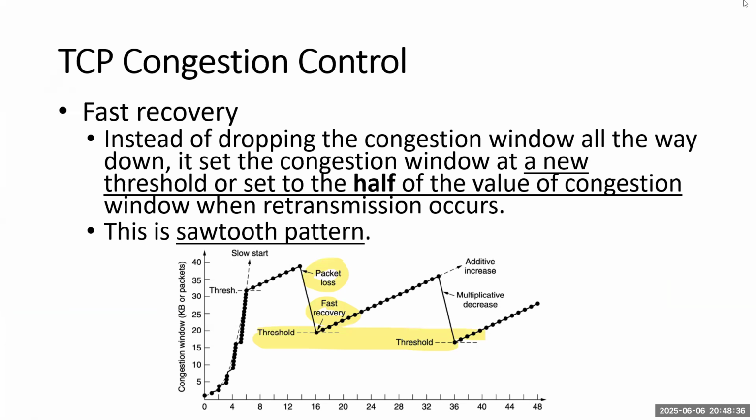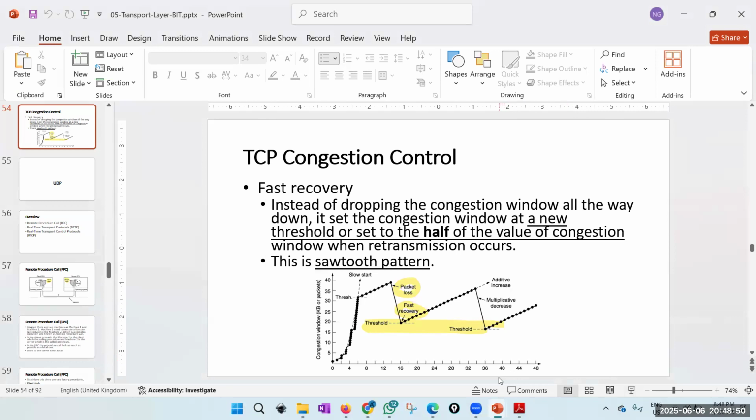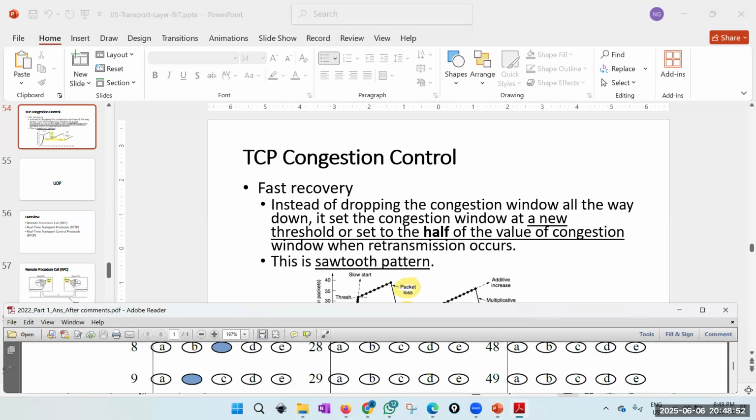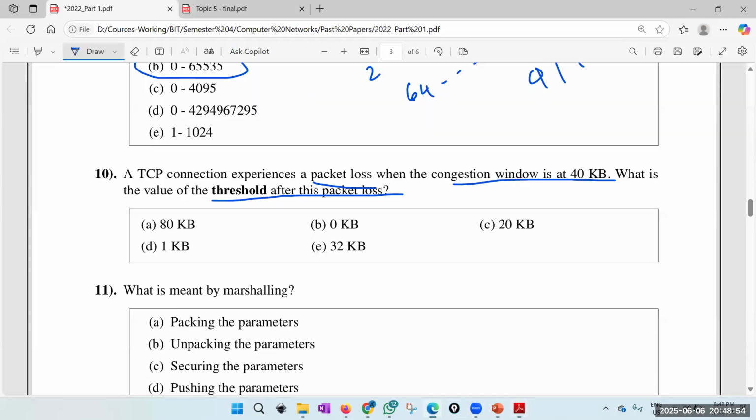It depends on traffic situations and so on. So you try to utilize it to the maximum, but when there's an error, you adjust again. So 40 kilobyte is reduced to 20 kilobyte. The answer is C.